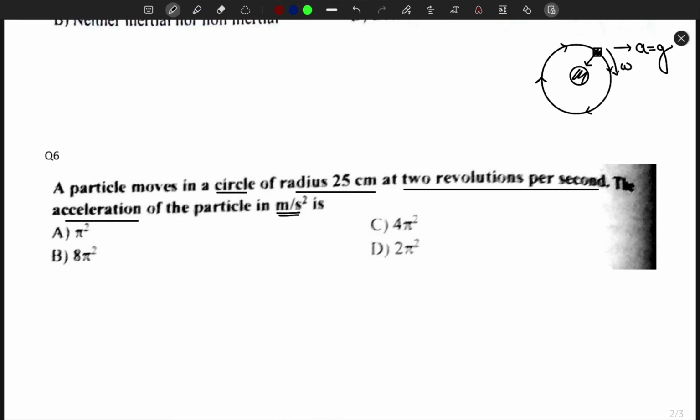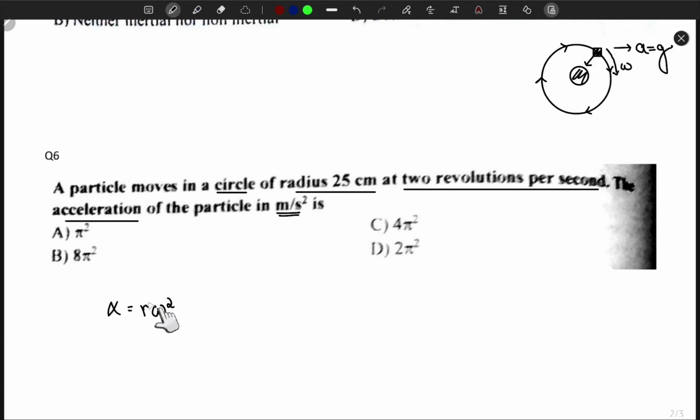So remember or recall that the centripetal acceleration, or you can call it the angular acceleration, right? It was given by r omega squared, right? So all you have to do now is put in these values in this expression and solve for alpha.